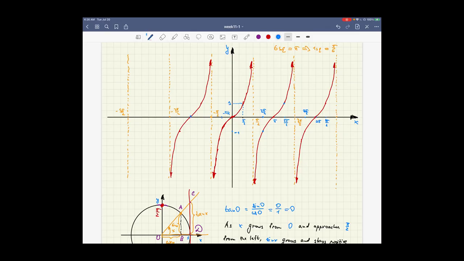This is negative pi. This is negative pi plus pi over 4. This is negative pi minus pi over 4. So this is negative 3 pi over 4. This is negative 5 pi over 4.